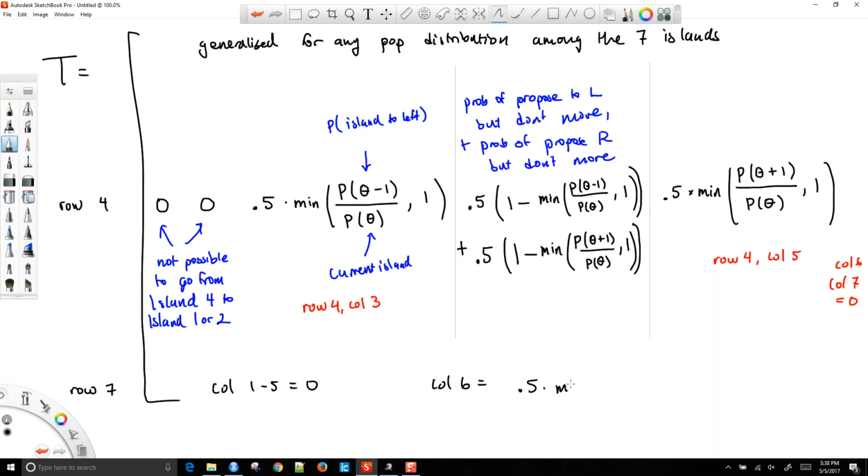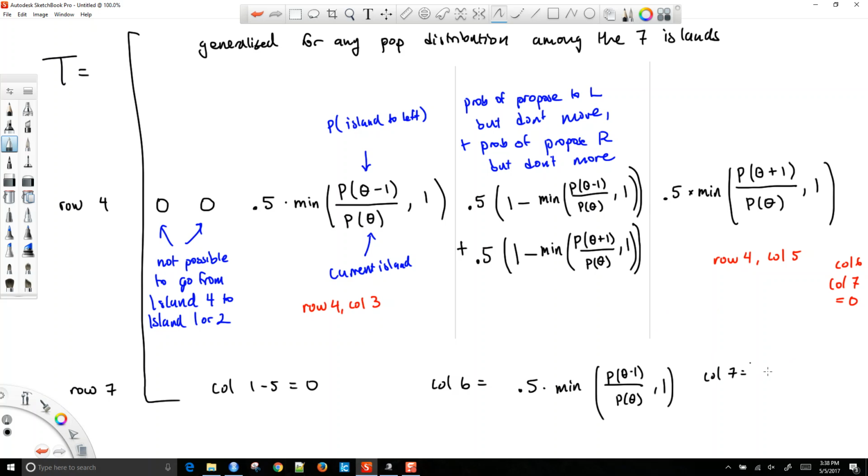0.5 times the minimum of probability of theta minus 1 divided by probability of theta, comma 1. Okay, and then column 7, well, so column 8 is going to be a 0. Okay, and so effectively, that just eliminates this side, and this part becomes a 0, so it becomes this thing plus 0.5.